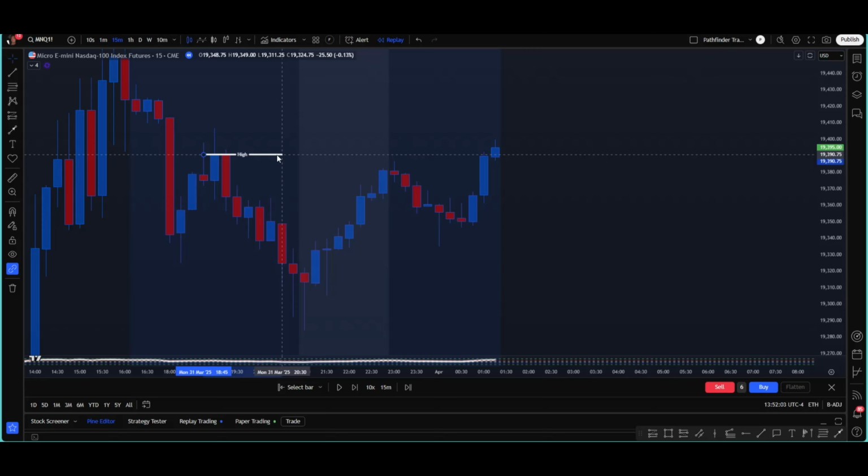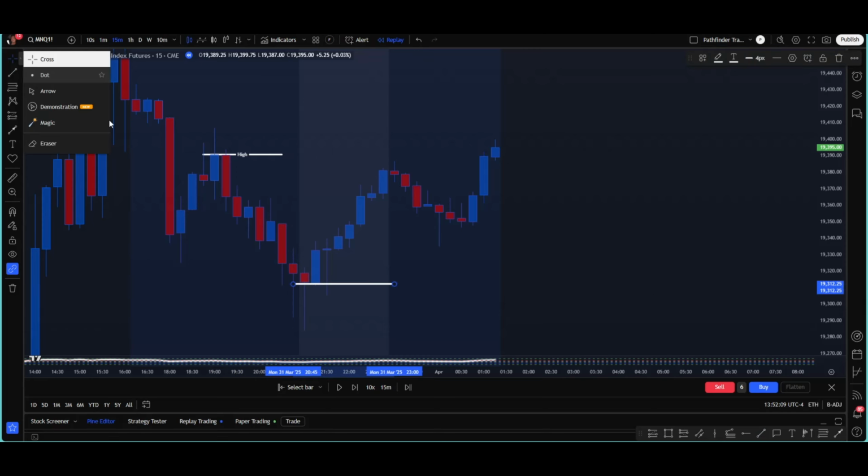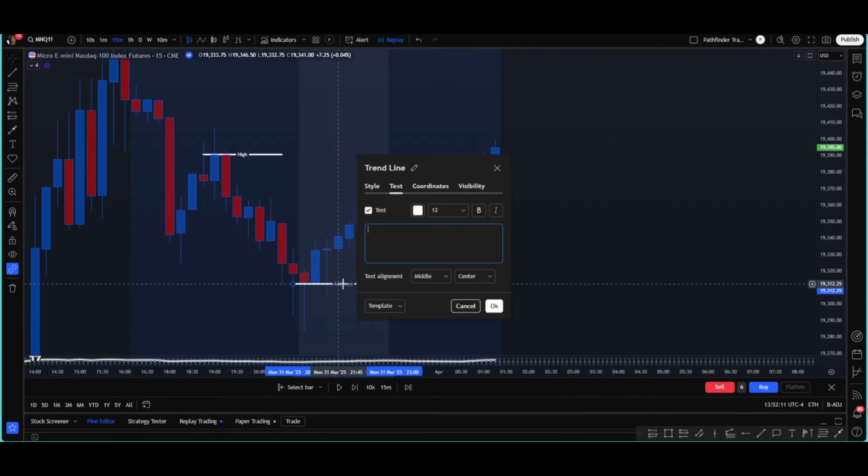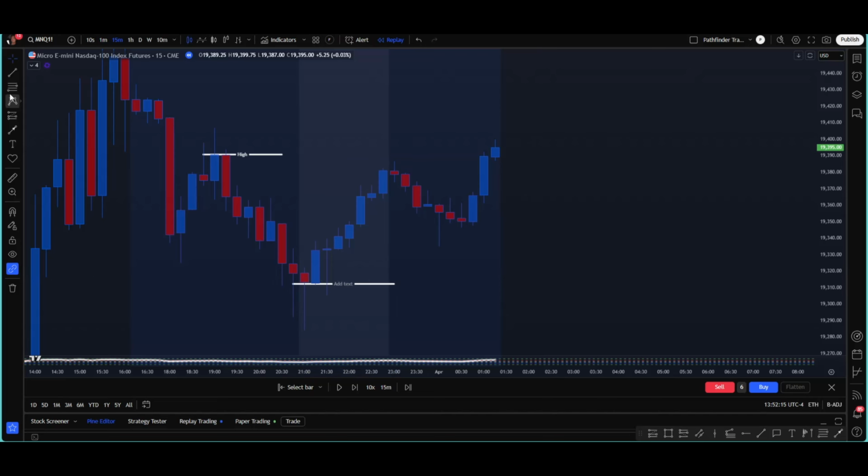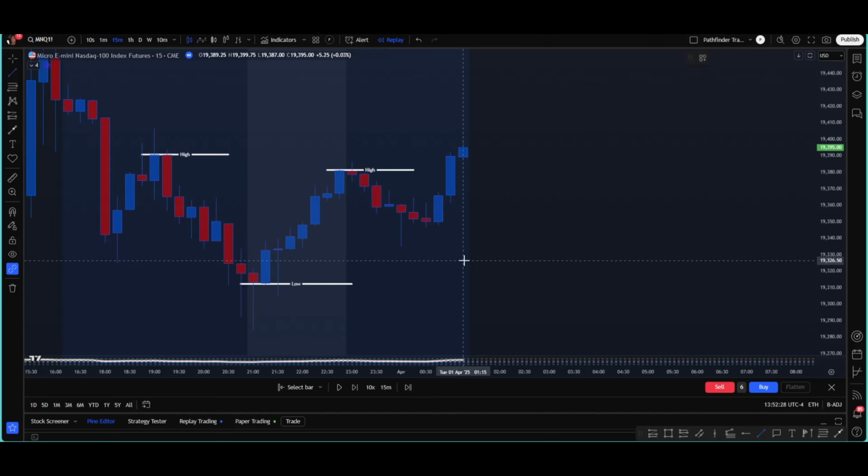Now the market makes a low, and I'm going to identify right there at the bottom of the candle bodies my low, and then the market makes a high here, and then something changes in the market.